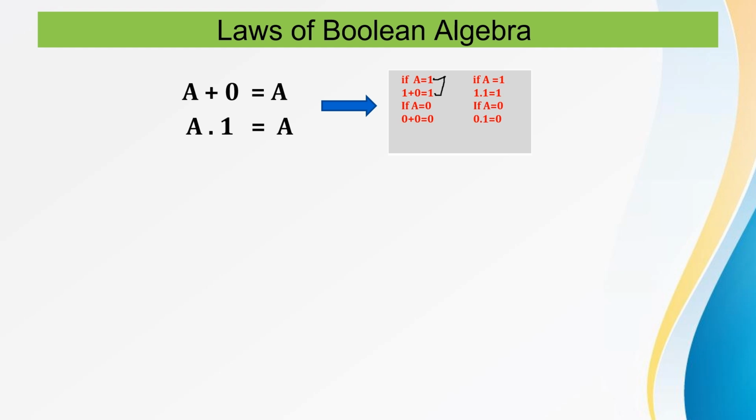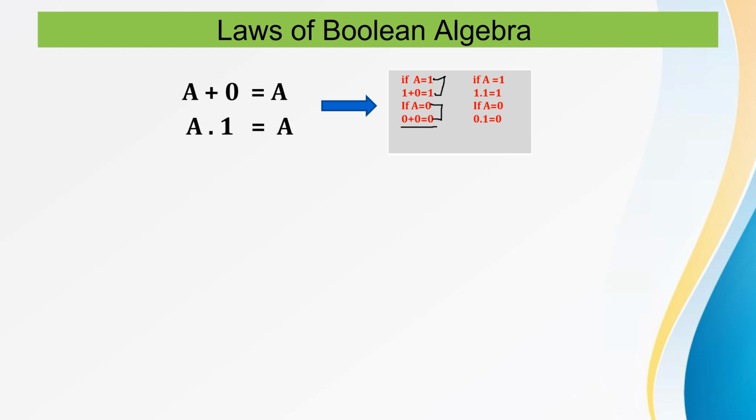Whatever the value of a is, that is the same output we get, so it represents a. Similarly, if we consider a as 0, then 0 plus 0 equals 0, so when a is 0, the output we get is 0. So it represents a.